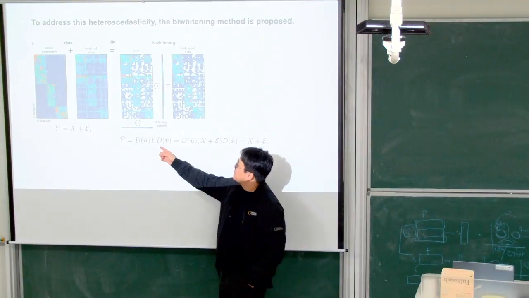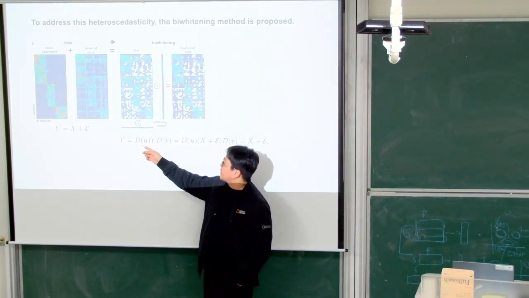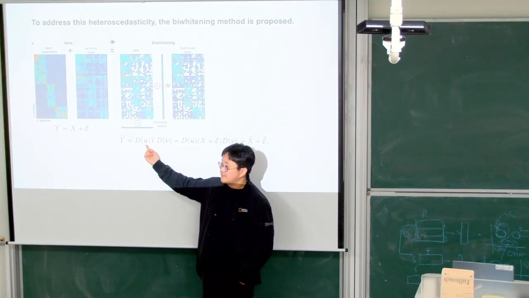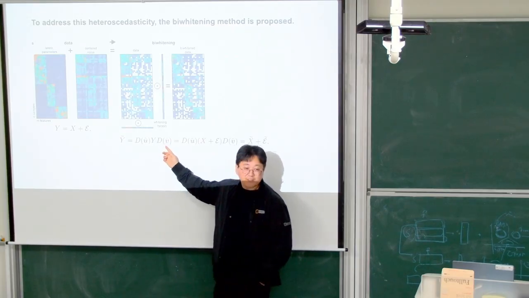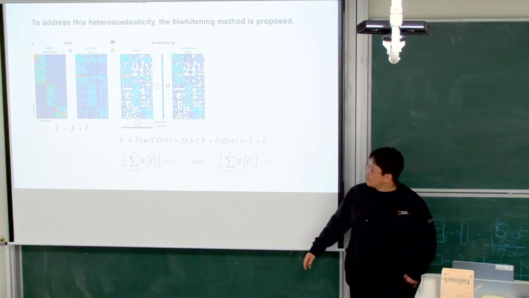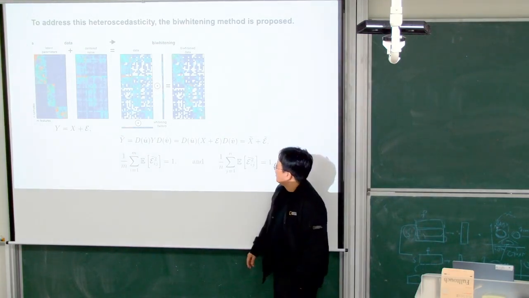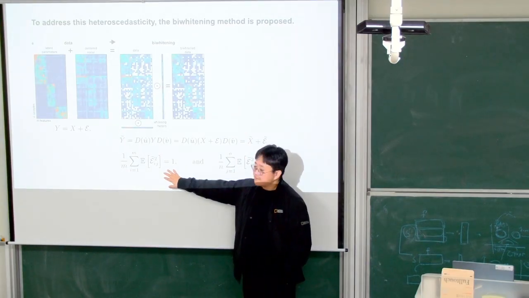Y is the original data matrix, and on the left there is a diagonal matrix whose diagonal elements are the U vector, and on the right side the diagonal matrix has the V vector as its diagonal elements. So after applying this, we have to satisfy this condition.